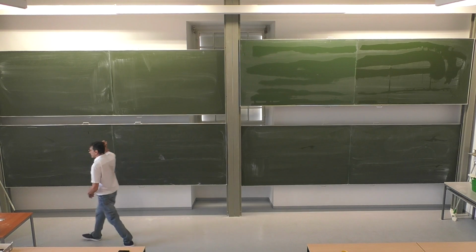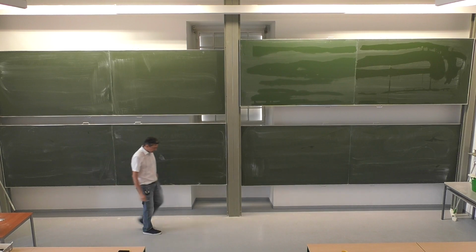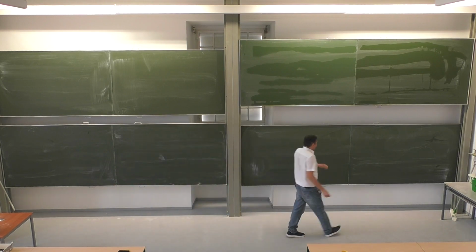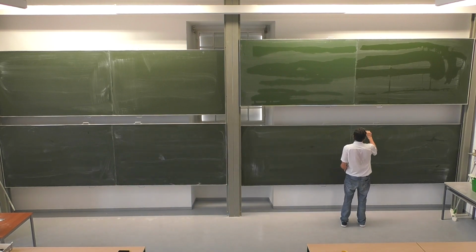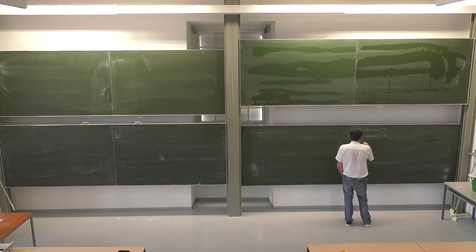The idea is to do three parts. Part 1 would be causality theory, and that's for today. The second part would be about black holes, and the third part will be about the Cauchy problem.